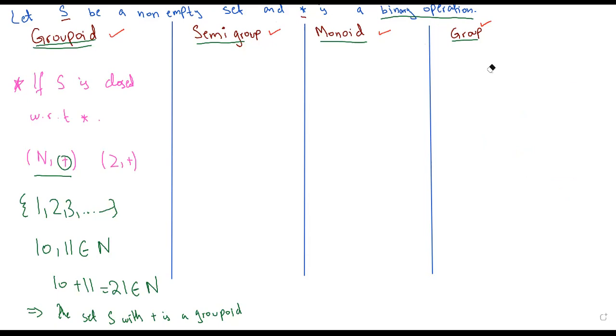So let's talk. Forget about everything. Let's talk about semi-group. So for semi-group, one thing is that S is closed with respect to this binary operation.